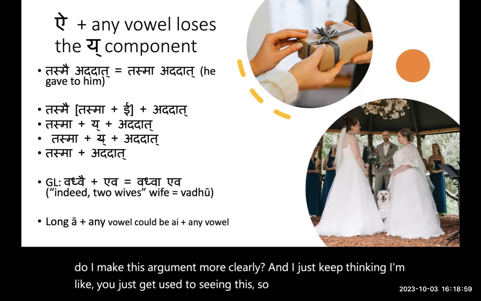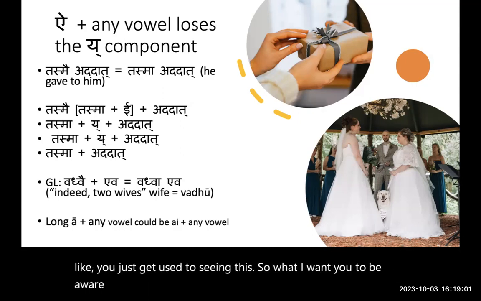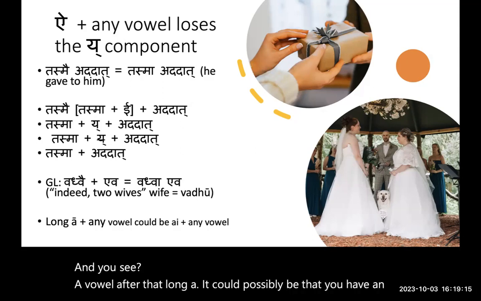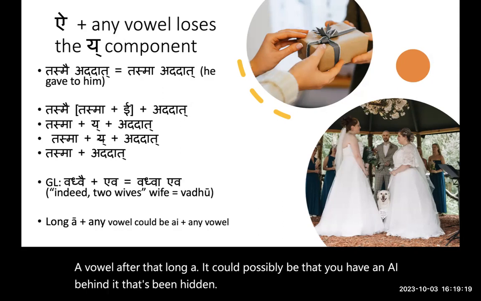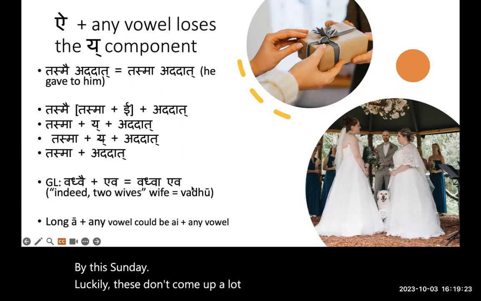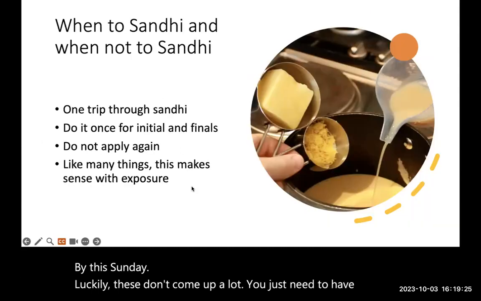So what I want you to be aware of is if you see a long A at the end of a word, and you see a vowel after that long A, it could possibly be that you have an AI behind it that's been hidden by the Sandhi. Luckily, these don't come up a lot. You just need to have some awareness of them.